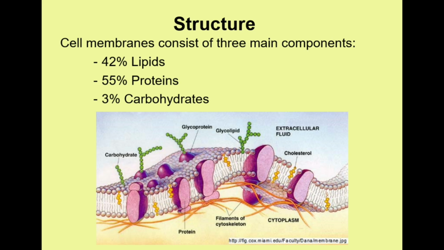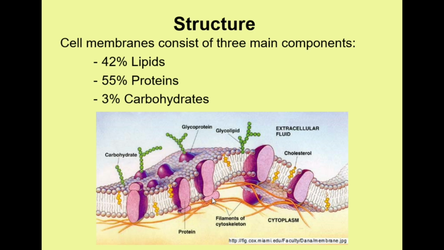We also get these proteins, so these big purple blocks here. These are proteins that span the entire width of the membrane. These are called integral or transmembrane proteins. And I've got that on a slide in a sec. What we also find, if you look where I'm pointing with the cursor, you get these smaller proteins that are just on the inside of the phospholipid bilayer.